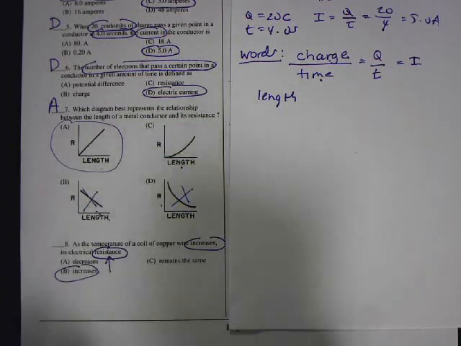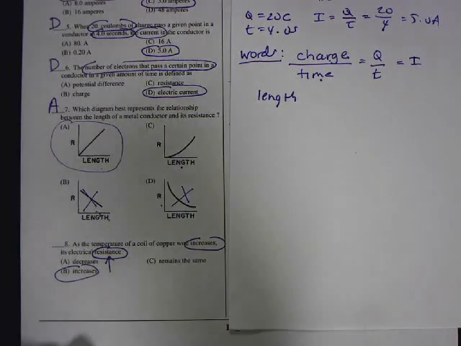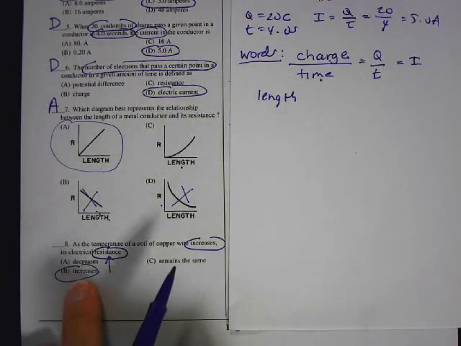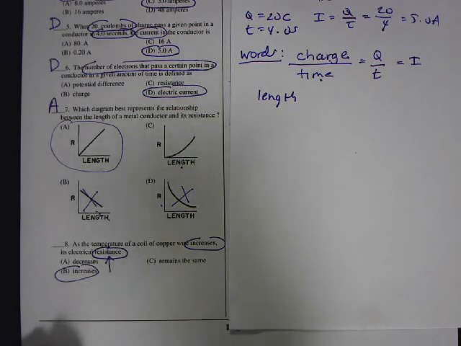So as I heat up copper, which is a good conductor of electricity, the temperature is going to decrease its conductivity, but when it decreases its conductivity, that means it's going to increase the resistance, because remember, the word resistance means to resist, so it hinders the flow of electricity, right?